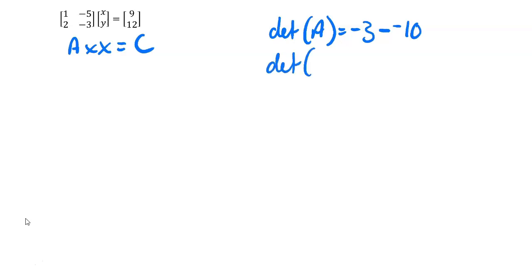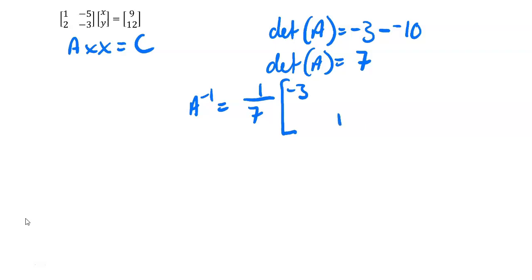So determinant of A is equal to negative 3 plus 10, so that is positive 7. Okay. So we can do that. So our inverse of A is equal to 1 on 7, negative 3, 1, flipping that diagonal, then timesing the other diagonal by negative 1. So 2 times negative 1 is negative 2. 5 times negative 1 is positive 5.